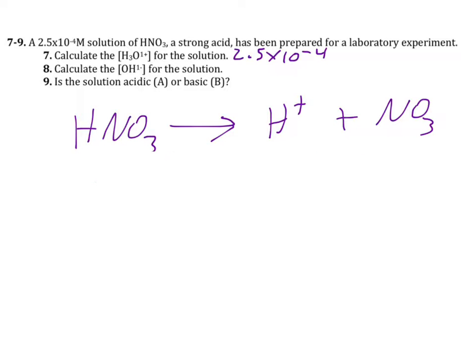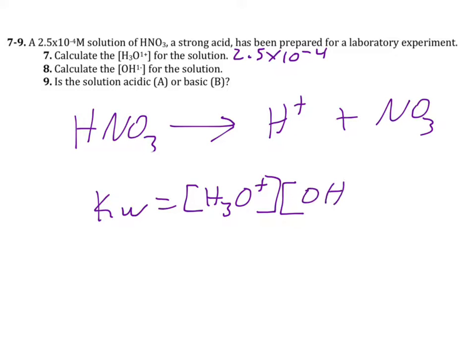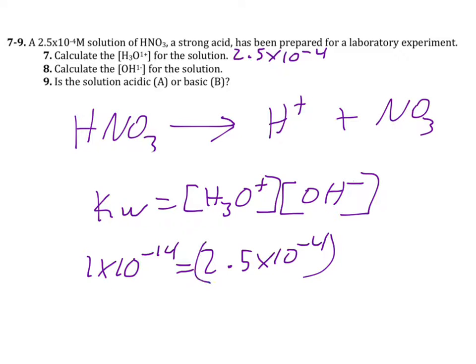Now, again, if we know one of the concentrations, we can always calculate the other in terms of hydroxide and hydronium. So if we know one of these, we can always calculate the other. And in this situation, we do know this one. We know that Kw is 1 times 10 to the negative 14. We know that H3O plus is 2.5 times 10 to the negative 4.